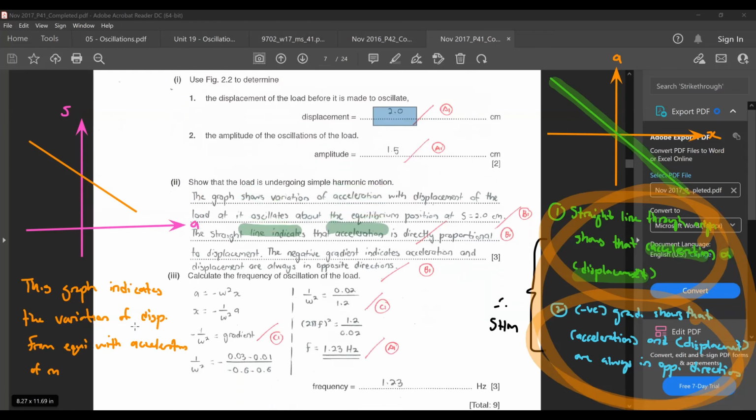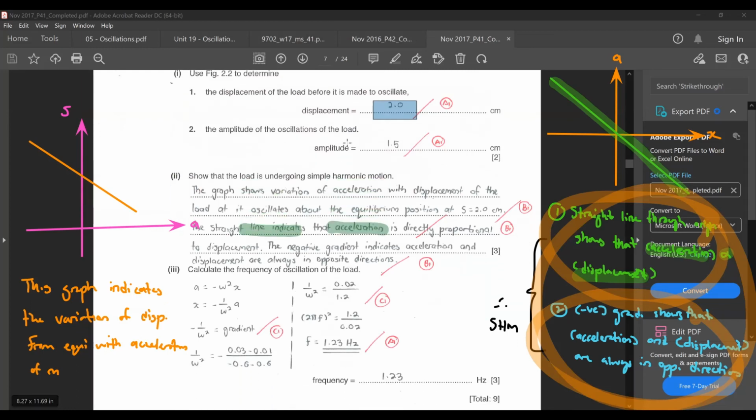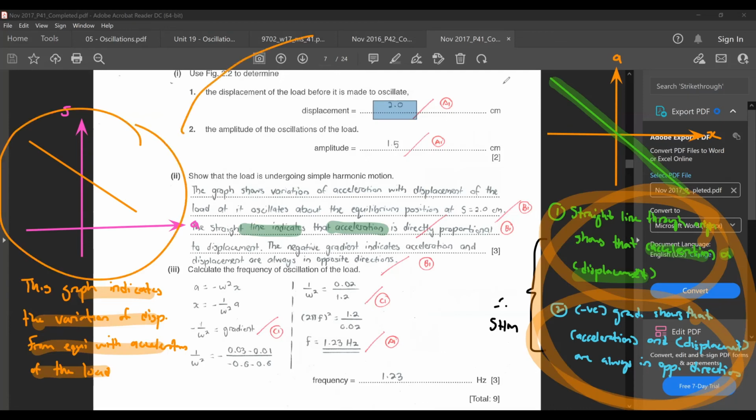This graph indicates the ratio of displacement from equilibrium with acceleration of the load. Okay. So if you have this statement, it kind of implies that this graph is similar to this graph here. Okay.